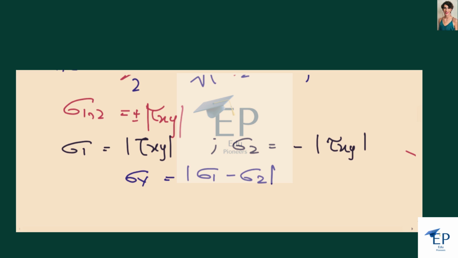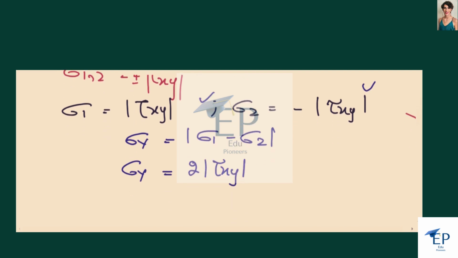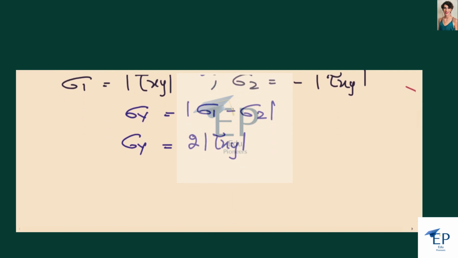Substitute these values and we'll get that the yield stress is equal to 2 times the absolute value of the shear stress. Now, the material yield stress is given by the problem, that is 10 times 10 raised to power 3 psi, right?